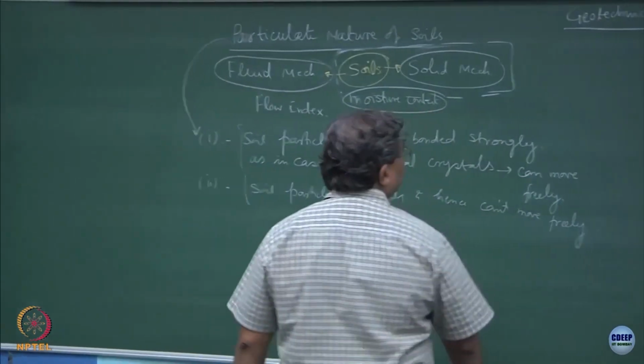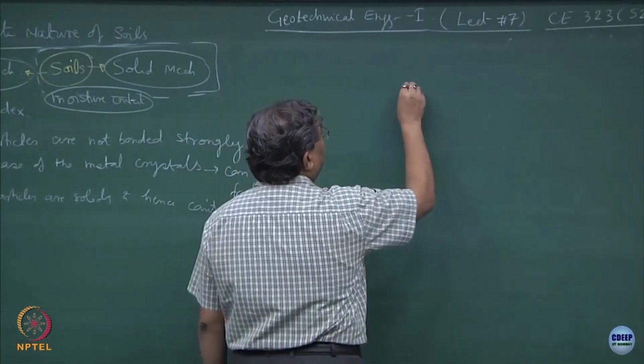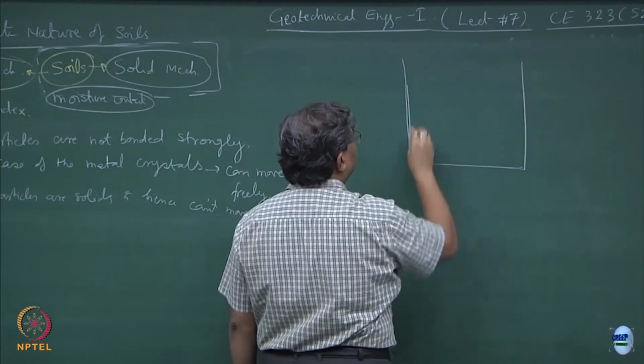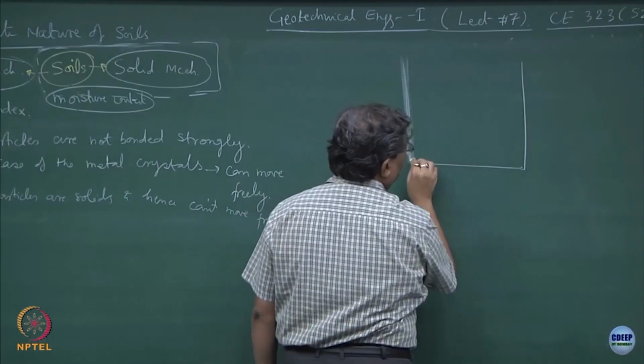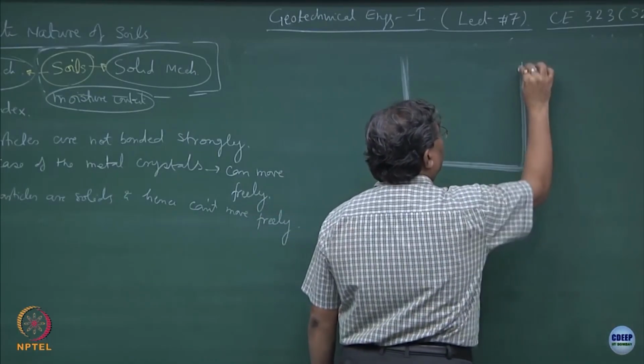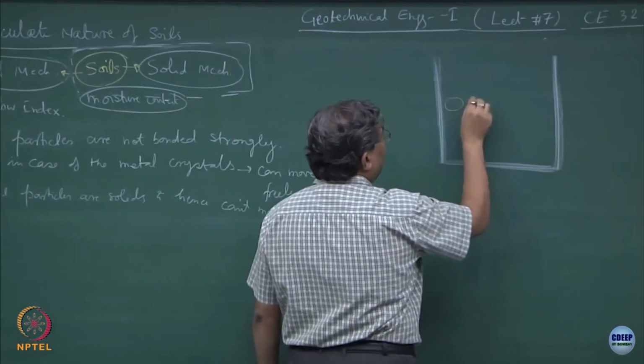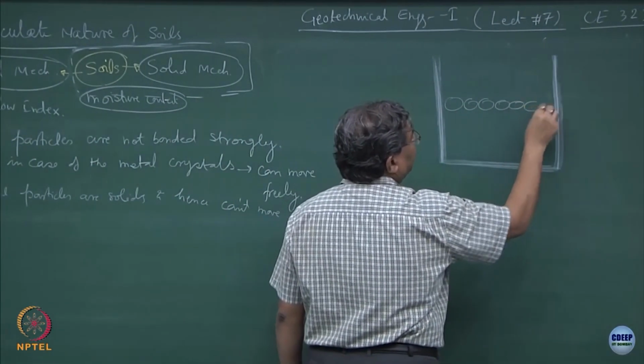Fine. So, suppose if I consider a control volume, and for the sake of simplicity this contains soils.